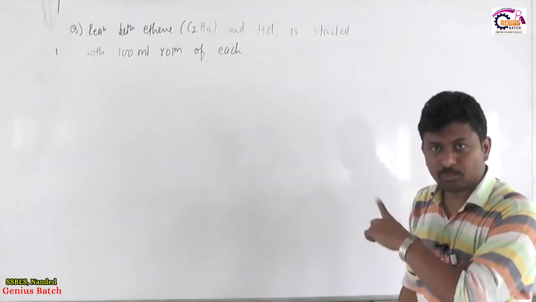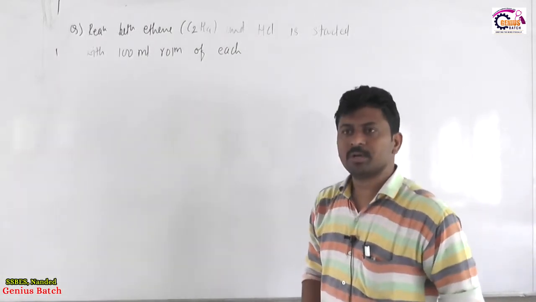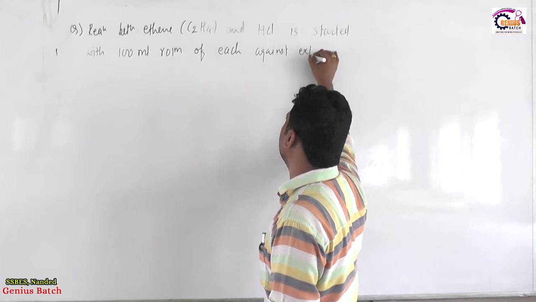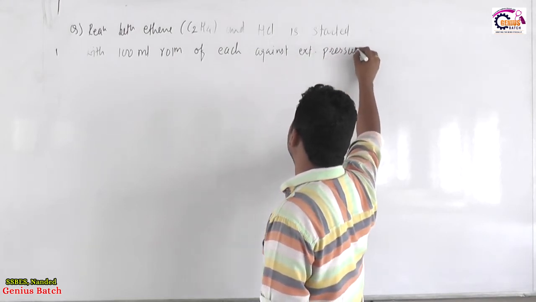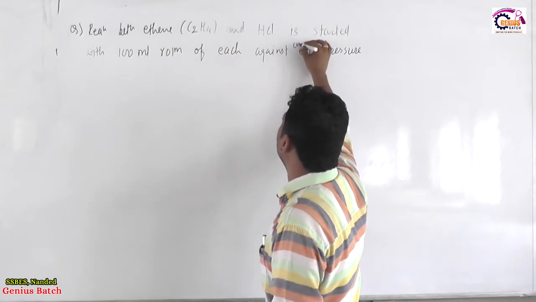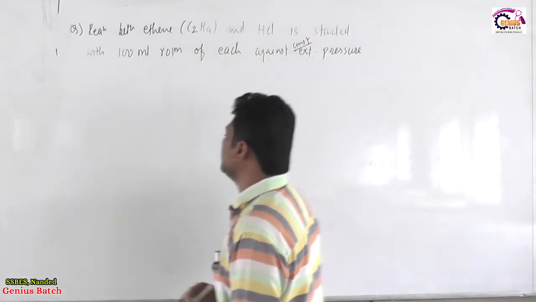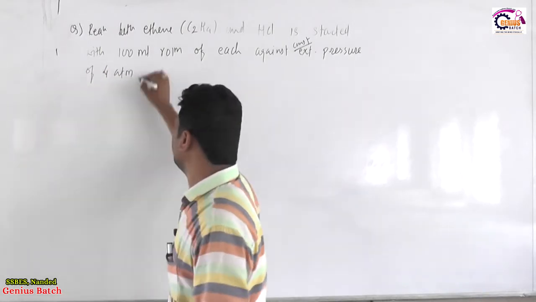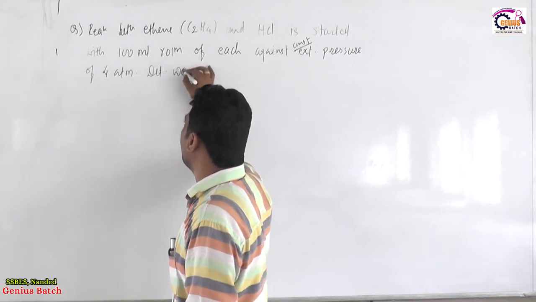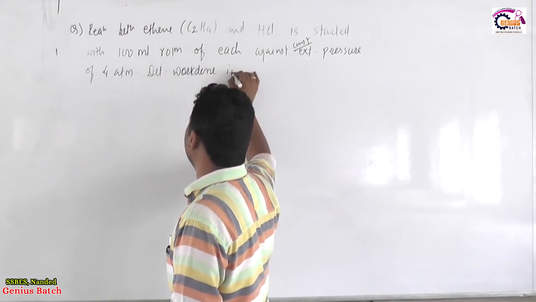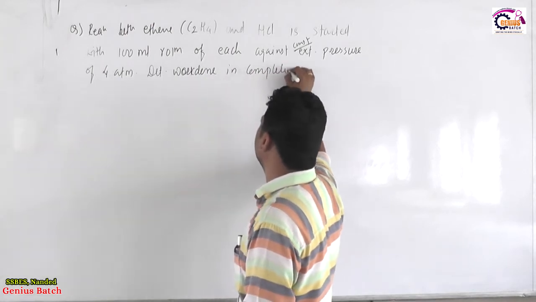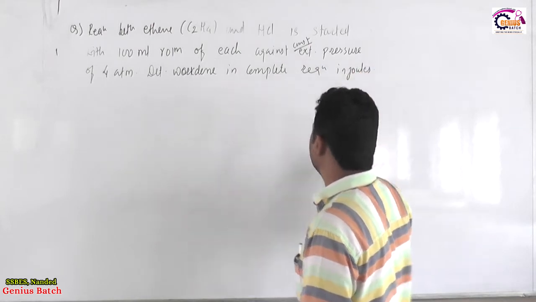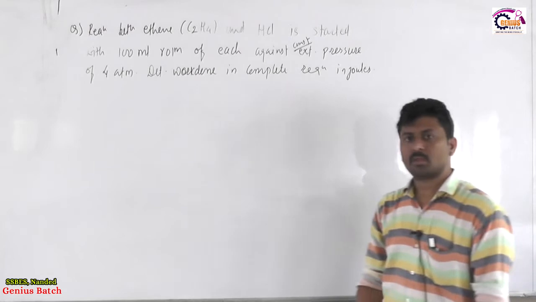So the reaction between these two components is started with equal volumes, 100 ml, against a constant external pressure of 4 atmosphere. Determine work done in the complete reaction in joules. Okay, this is the question.